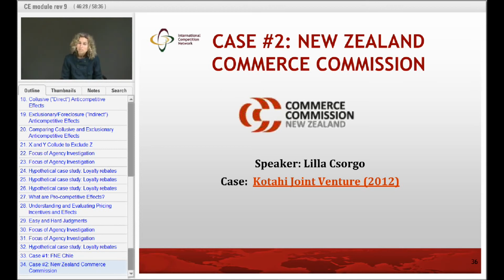From an economics perspective, the question of whether Katahi was likely to result in a lessening of competition was really a question as to whether it would result in countervailing power or monopsony power. If it were just countervailing power, this actually would be viewed as efficiency enhancing by the Commission. If it's monopsony power, on the other hand, this would have been viewed as efficiency reducing.